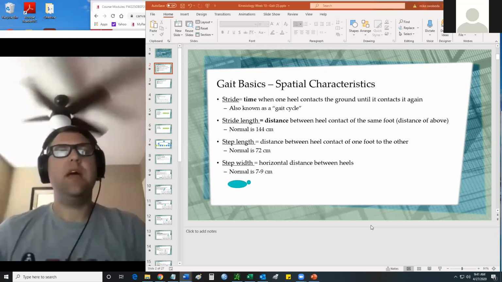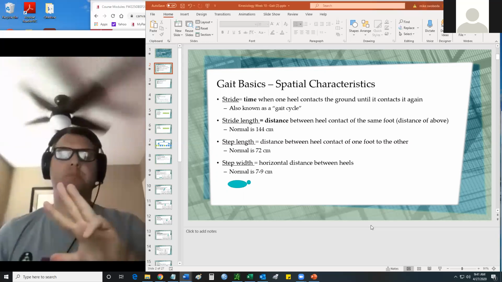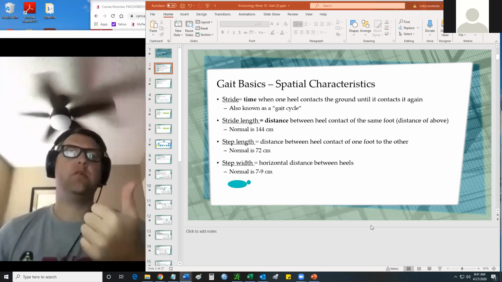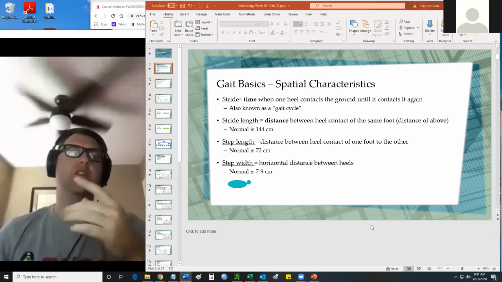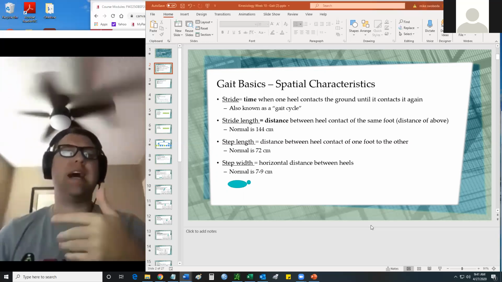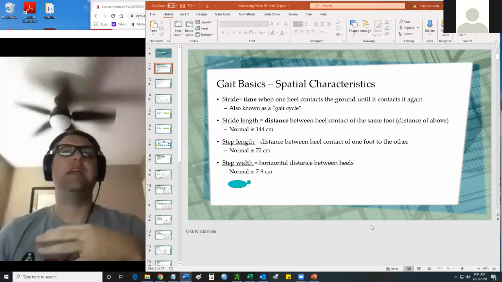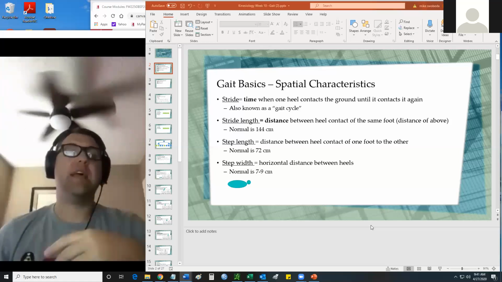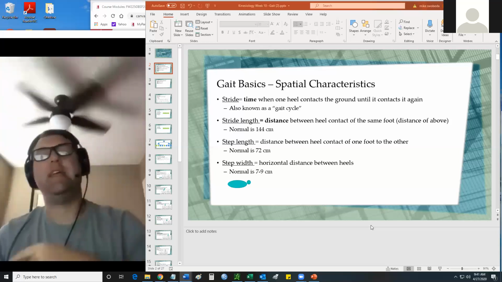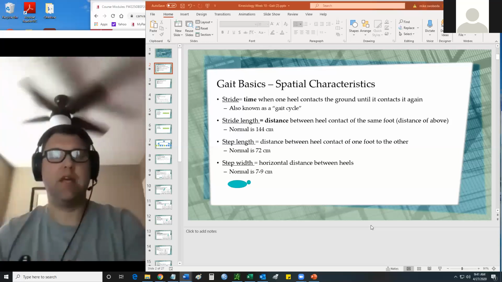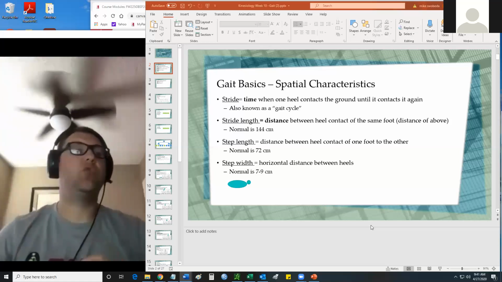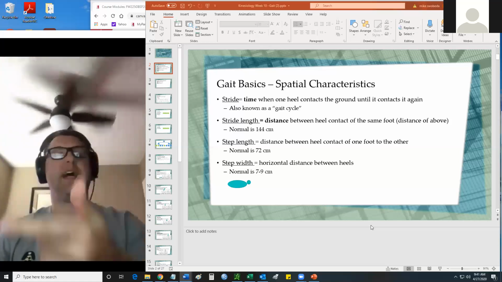Now, there are four main terms that you're going to have to be aware of. You have stride. This is the overall time from, say, one heel hitting the ground to that same heel hitting the ground again. Your stride length is the distance that single heel covers over that entire step.